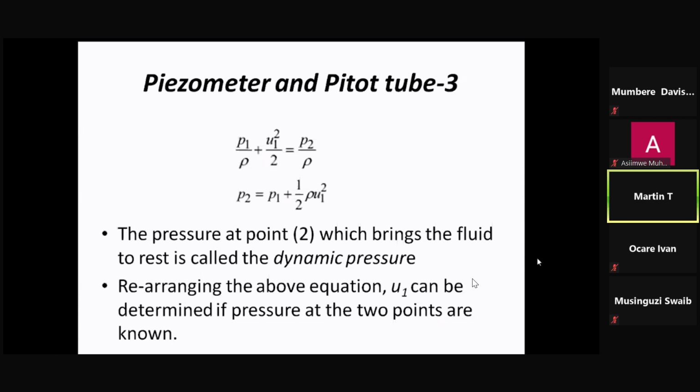If you're interested in more measurements of velocity, remember when we talked about the velocity profile at a section, the velocity towards the boundary is different from the center of the fluid. If you want average velocity, you can take velocity measurements at different points along a cross section and then get your average. But the pitot tube and piezometer setup only give you velocity at a point.